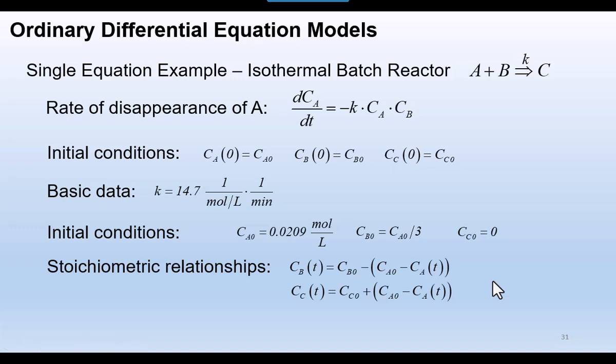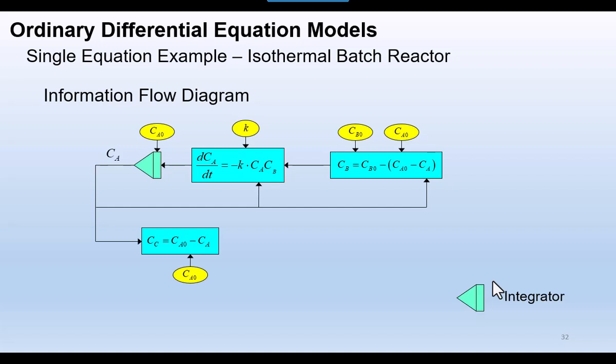Now, when dealing with systems of differential equations, we like to describe the systems in a graphical way using what we call an information flow diagram. These diagrams have been around for decades, and they help us organize the differential equation solution and make sure that all the information required for the solution is available.